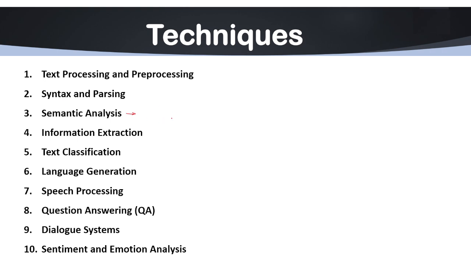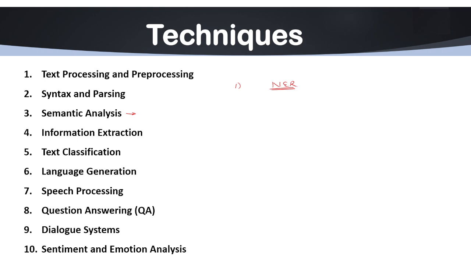Next technique we have is semantic analysis. So basically students, this involves understanding the meaning and context of words and sentences. Under this, we have the first technique, that is NER. NER stands for Named Entity Recognition. So it helps identifying proper nouns such as names of people, organizations, places and dates.